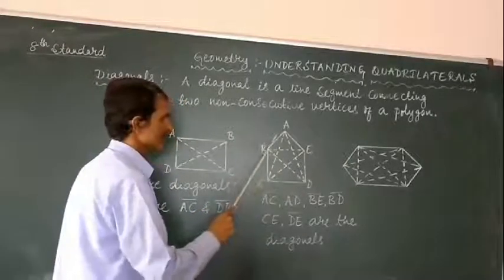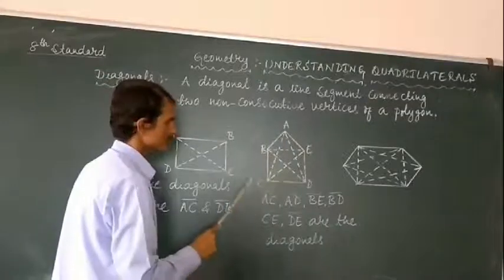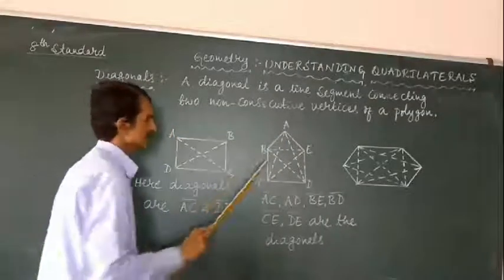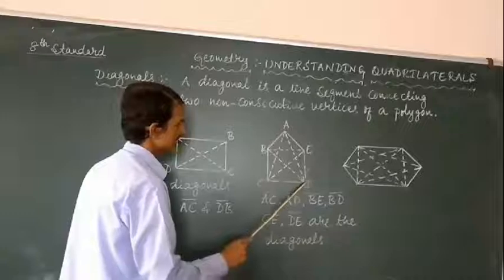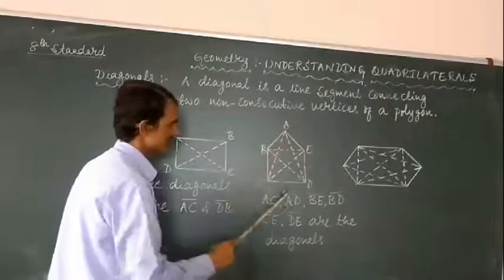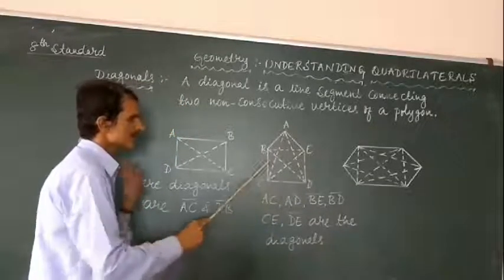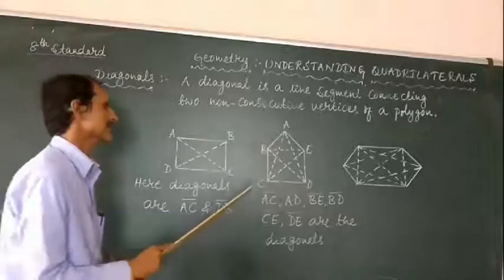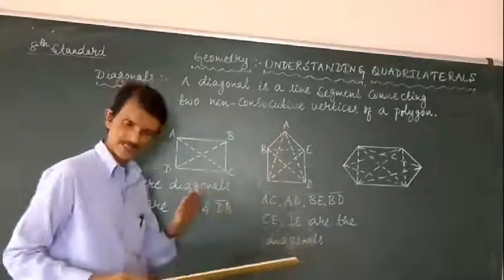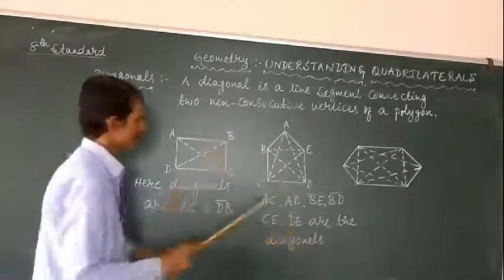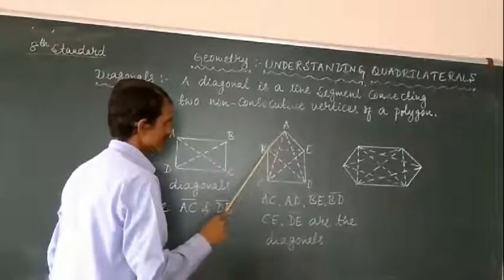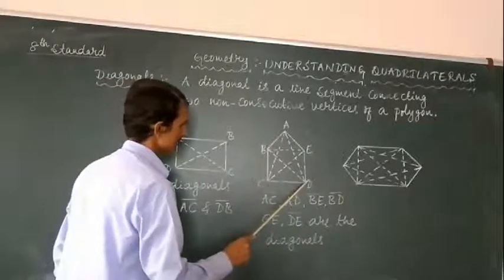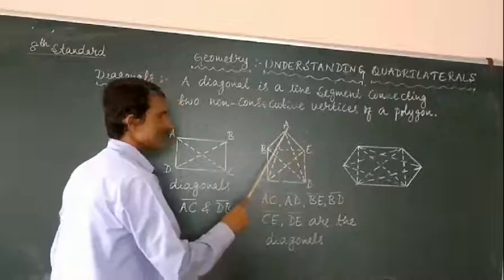A, B, C, D, E is a pentagon. In this pentagon, the sides are AB, BC, CD, DE and EA.